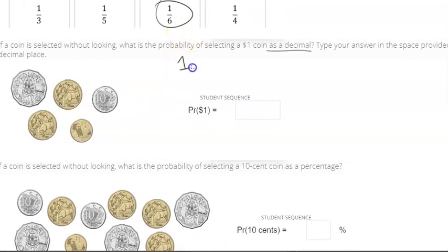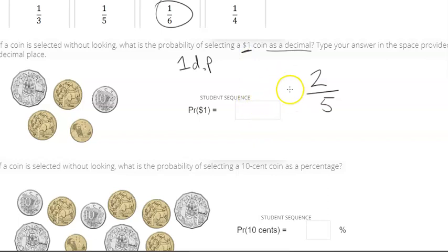Let's have a look at this. We have 5 coins, so the amount of possibilities is 5. And of the scenario, 2 of them are $1, because that's what it's asking here, $1 coin. However, it's asking for the answer in decimal form.